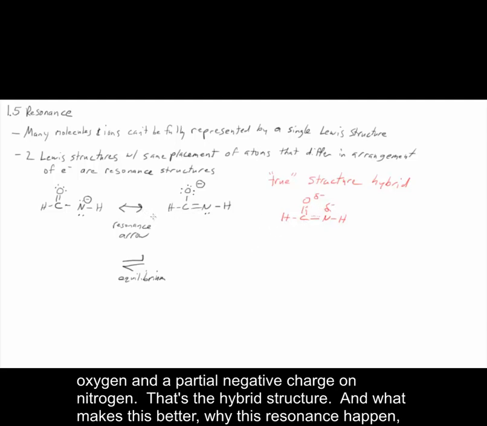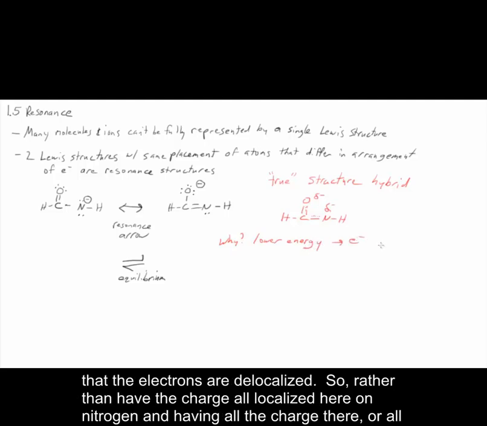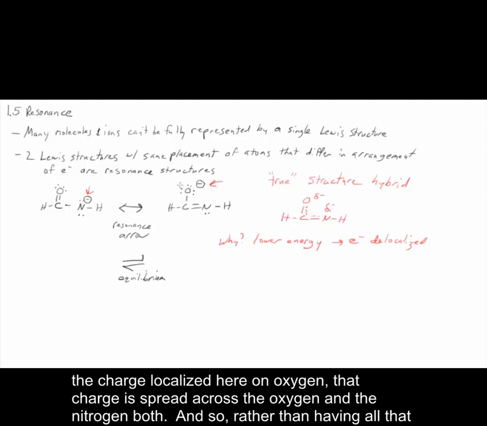Why does resonance happen? Hopefully you guessed it because you heard me say the word why. It's going to be lower energy. And the reason that it's lower energy is that the electrons are delocalized. So rather than have the charge all localized here on nitrogen, or all the charge localized here on oxygen, that charge is spread across the oxygen and the nitrogen both.